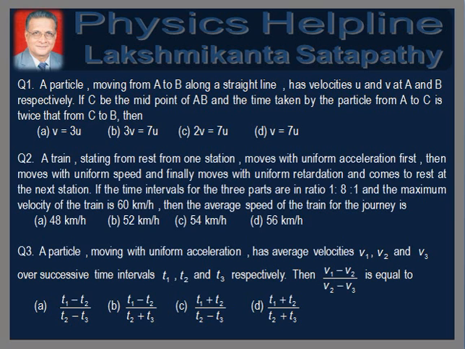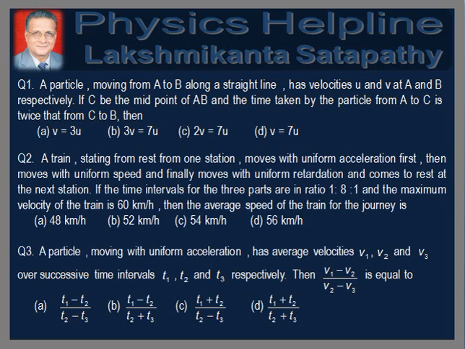Question 3. A particle moving with uniform acceleration has average velocities v1, v2 and v3 over successive time intervals t1, t2 and t3 respectively.